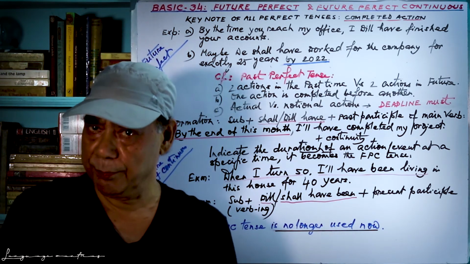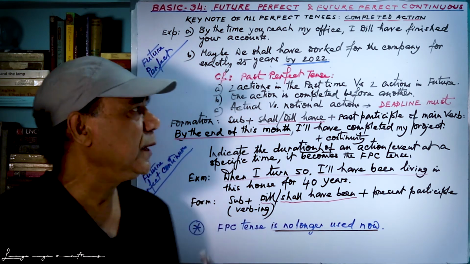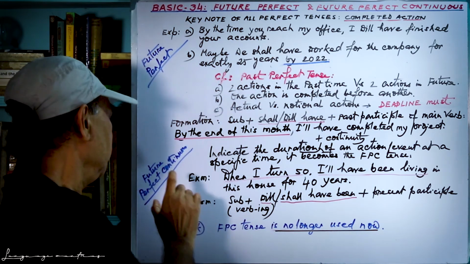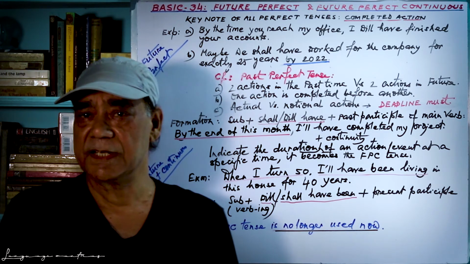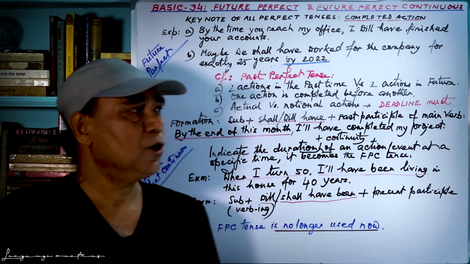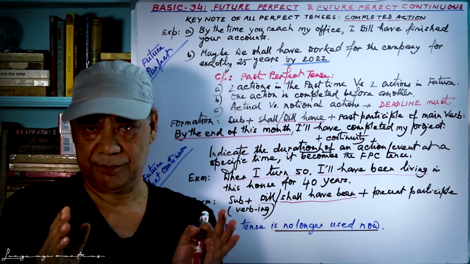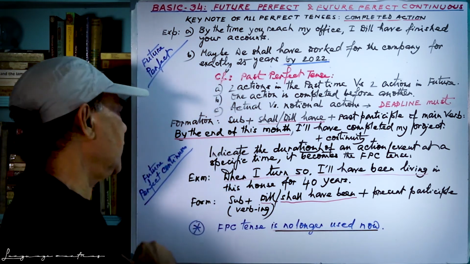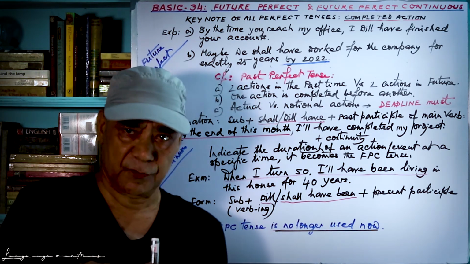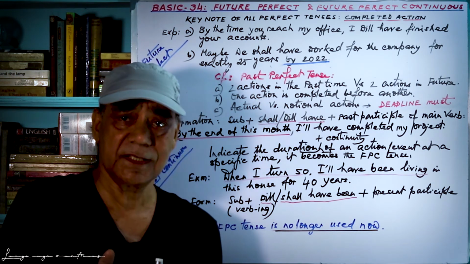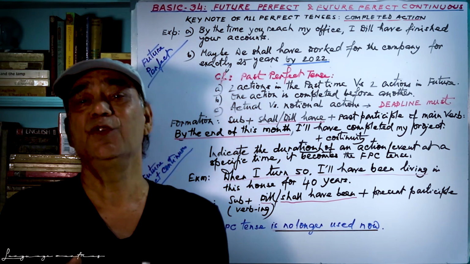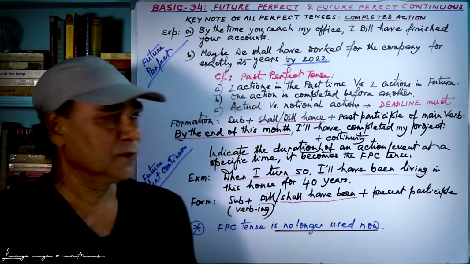There is not much problem here. Now, if you understand this, future perfect continuous tense is very easy, because here we have some period of time, and in future perfect continuous tense there is a period of time plus its continuity is also referred to.